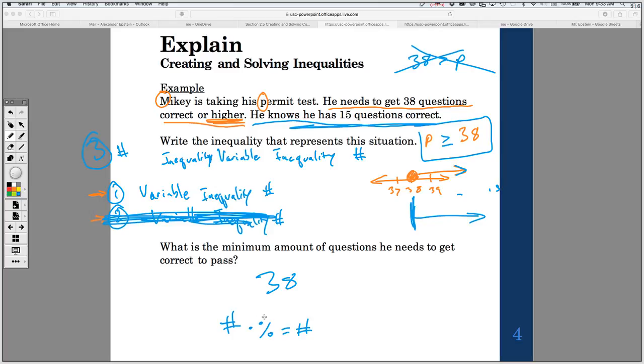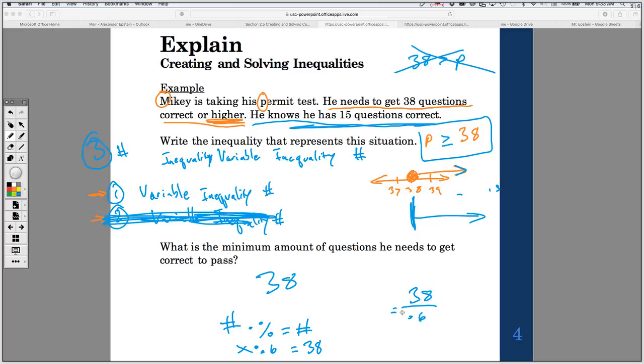You have 38 here, and we'll just say that this is x. So x times 0.6 equals 38. So what is that number? Whatever 38 divided by 0.6 is will give you how many questions there are on that test.